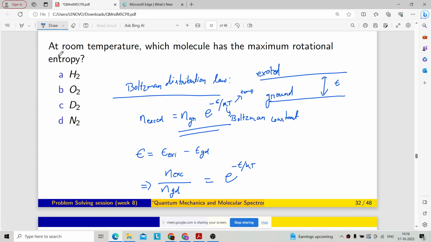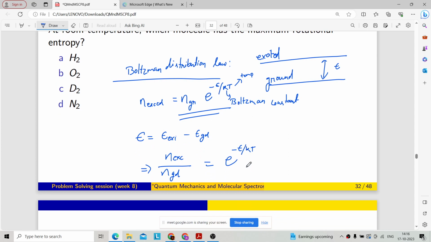It's already given at room temperature, that means T is constant, so the only variable is epsilon. So if epsilon is very large, that means what? The gap is very high between the ground state and excited state. So in that case, what will happen? This quantity will be very small.